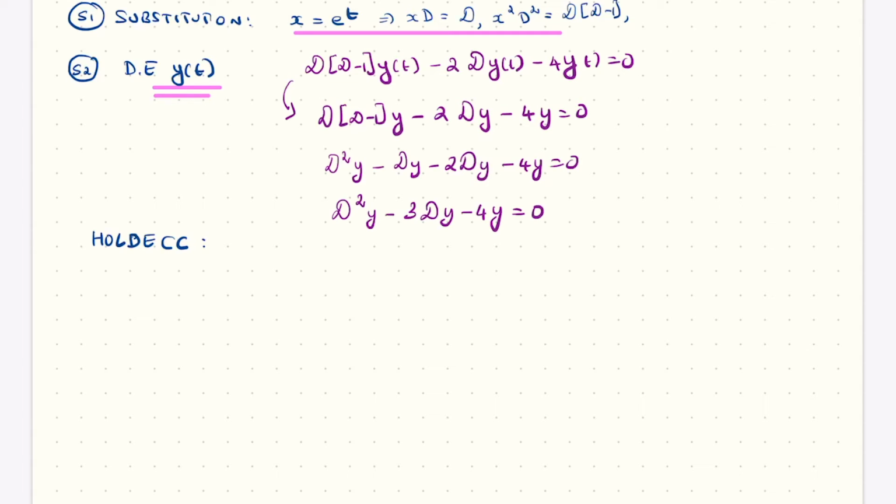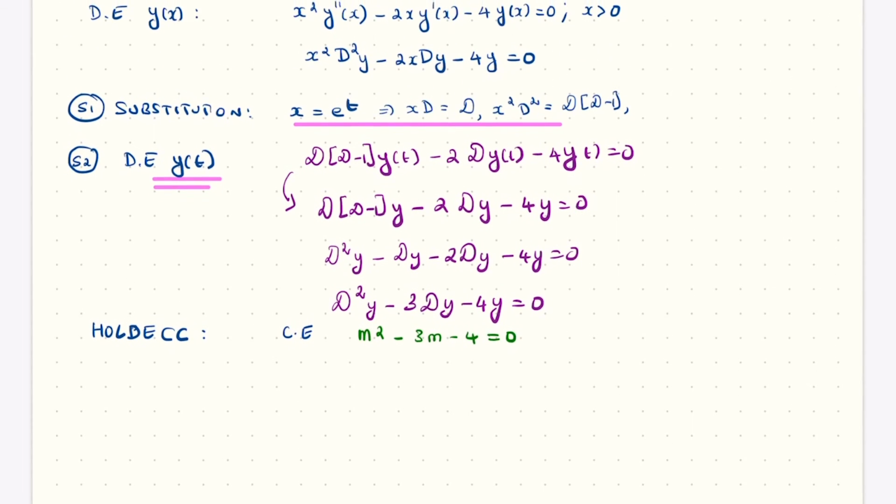When you do that, the very first step is finding the characteristic equation. This is going to be m squared minus 3m minus 4 equal to 0.